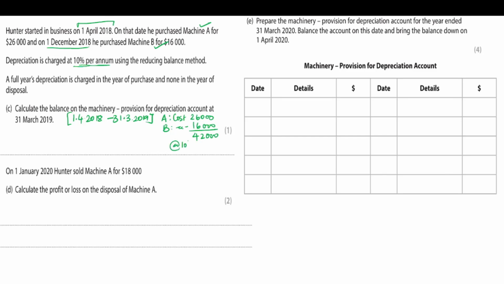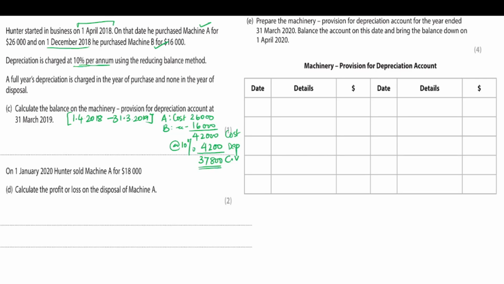So at the rate of 10%, depreciation is 4,200. And cost minus depreciation gives the carrying value. So carrying value is 42,000 minus 4,200, 37,800. Even though they have not asked, I just calculated it for your clarification.